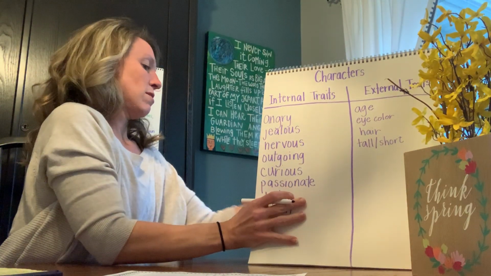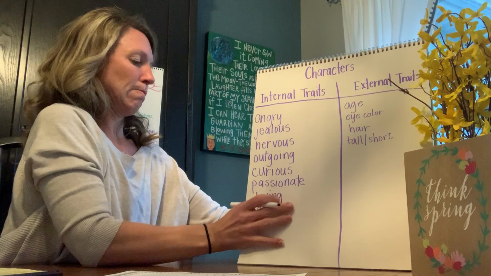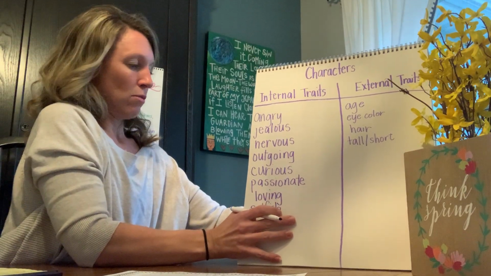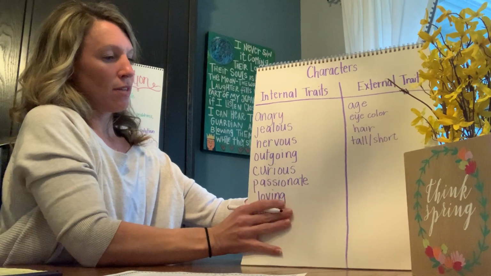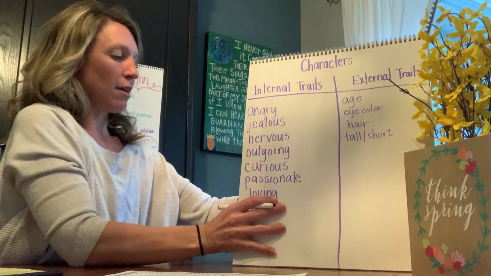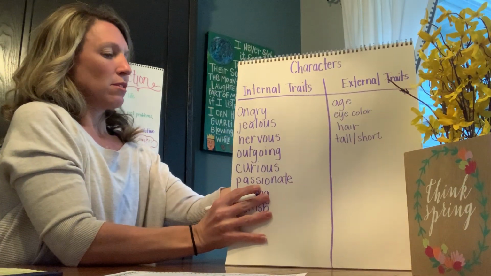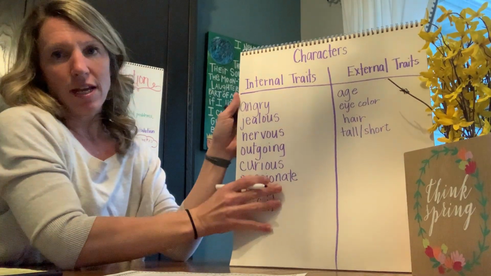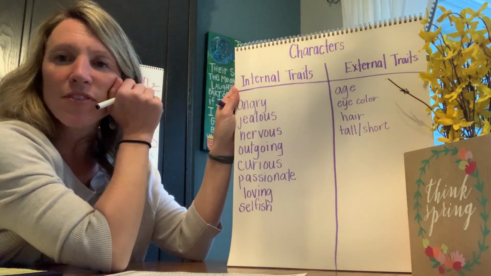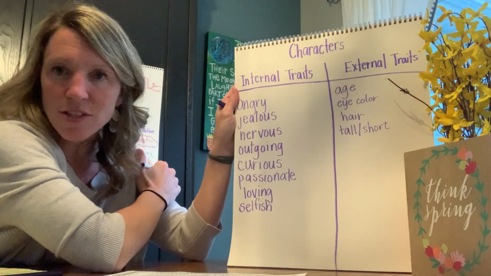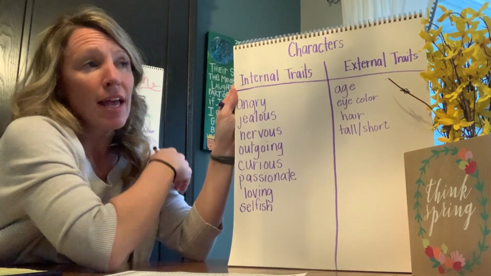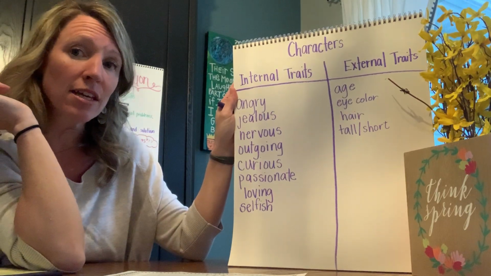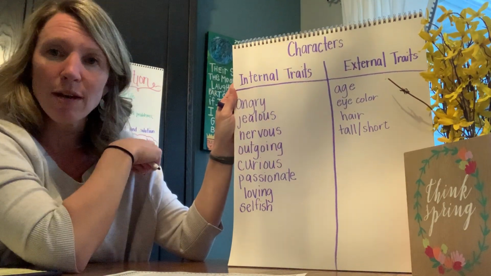Trying to think of some other things. What kind of clothes they wear. So if your character was kind of a tomboy, you might want to describe her as wearing sweats and sweatshirts most of the time. If you have a character that likes to dress up as princesses, you're going to say that she is constantly wearing dresses and does her hair all fancy with curls, and you would describe it that way.